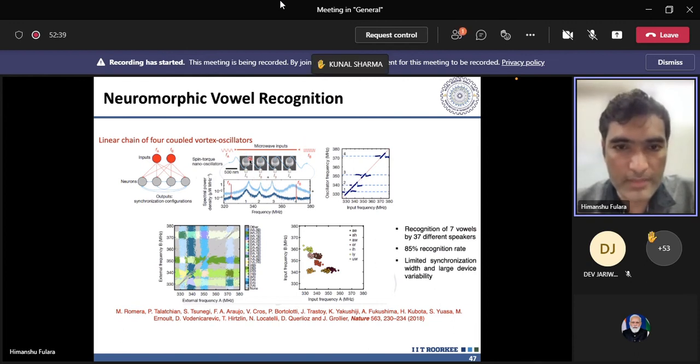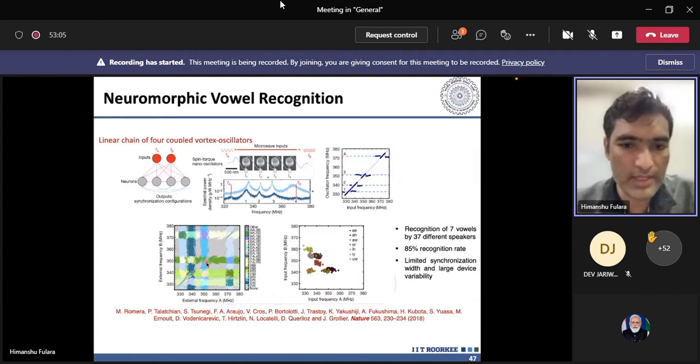These frequencies interact with the individual oscillator frequencies, and then there will be some locking states. These frequencies lock with the internal frequencies, and you obtain what are called locked states. With the inputs FA and FB, they obtained a color map showing different injection locked states.